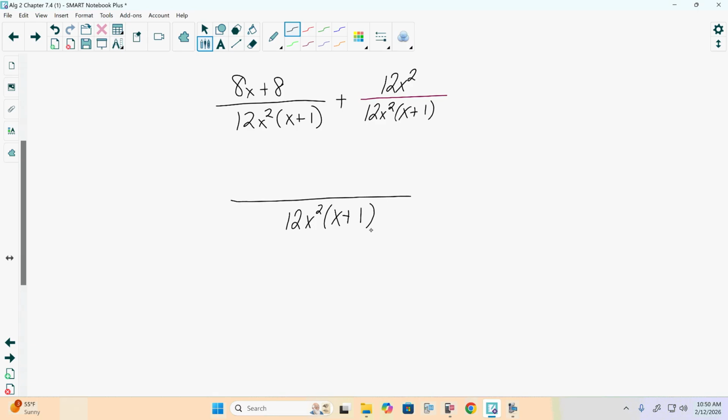Now, the numerators we multiply because we're going to add. We have to combine them. We have to add them together. So if there are like terms, we're going to have that multiplied out so that we can combine them. So the only place where there is addition or subtraction combining like terms going on is on top, not on bottom.